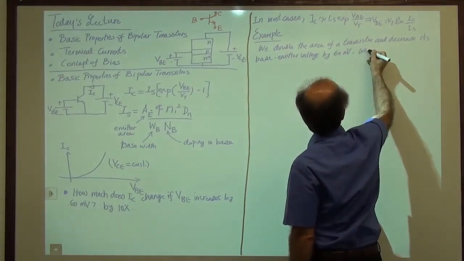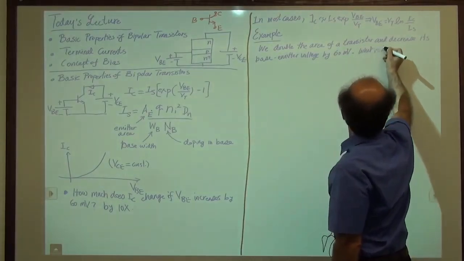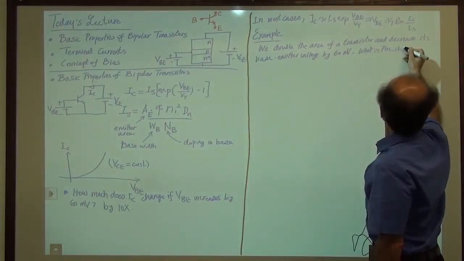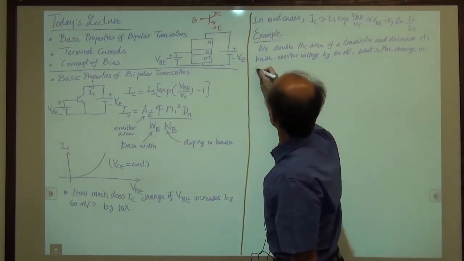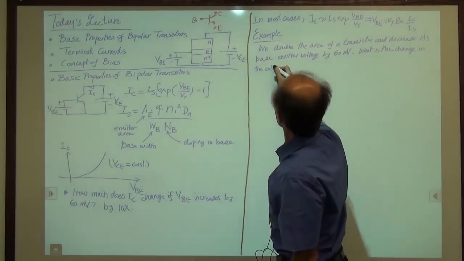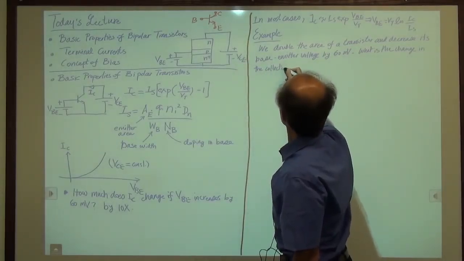What is the change in the collector current?